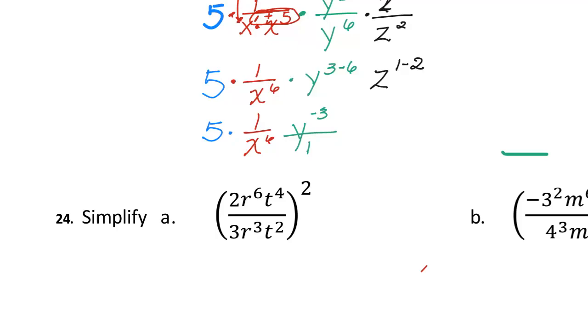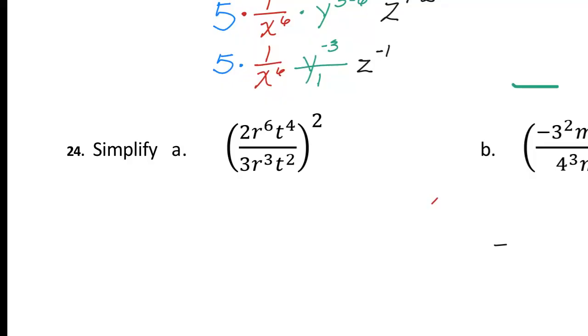All right. In the next line, z to the 1 minus 2 is z to the negative first. So here's what I got. I got 5 over x to the 6th. I have y to the negative third. That means it needs to go down on the bottom. That's going to become y to the positive third on the bottom.